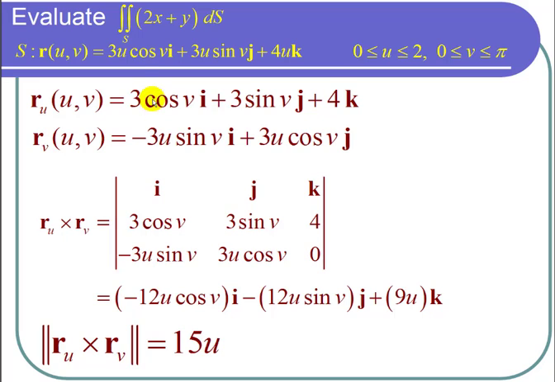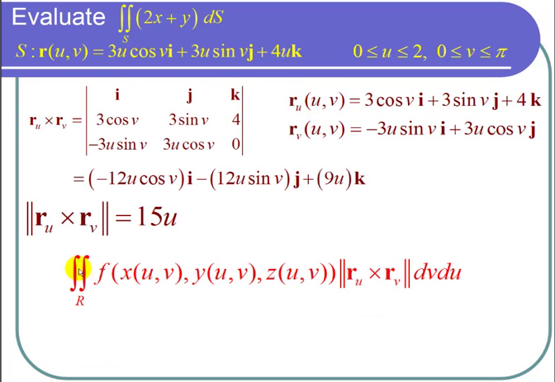So now let's recall that the surface integral of a function dS is equal to the double integral over the region of the function evaluated at x of u,v, y of u,v, and z of u,v times the magnitude of the cross product of Ru and Rv dv du. So I substitute in. Our function is 2x plus y. x is 3u cosine v, and y is 3u sine v.